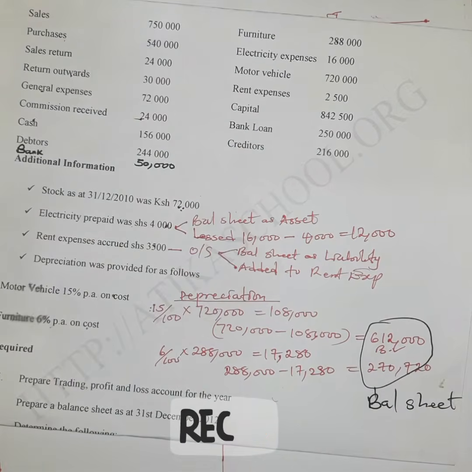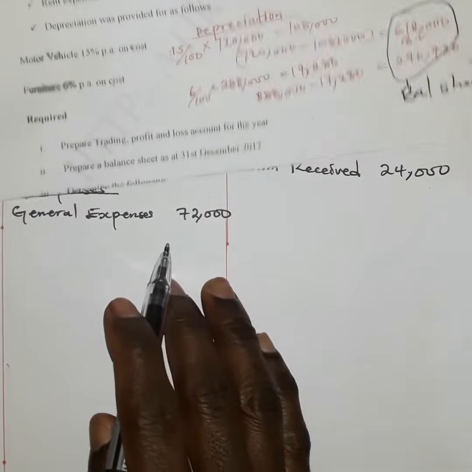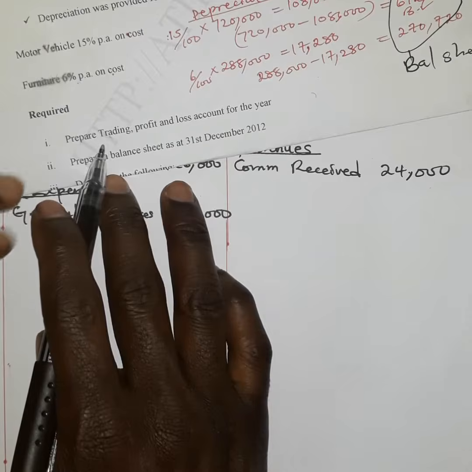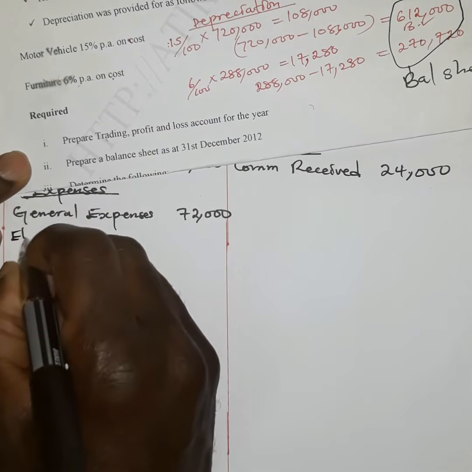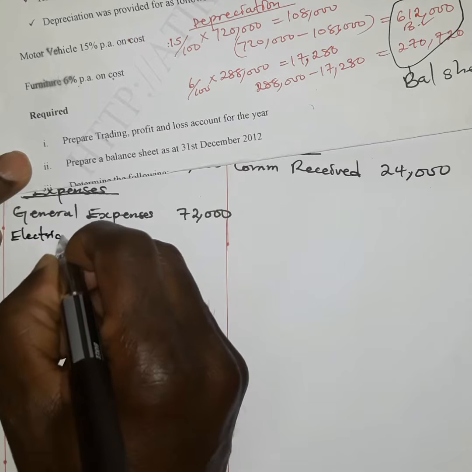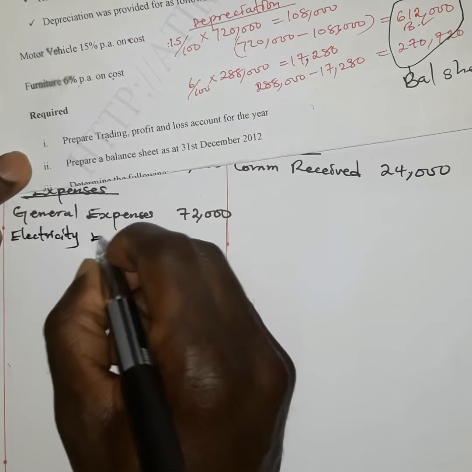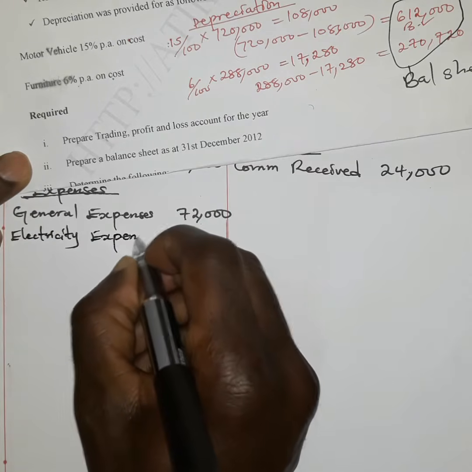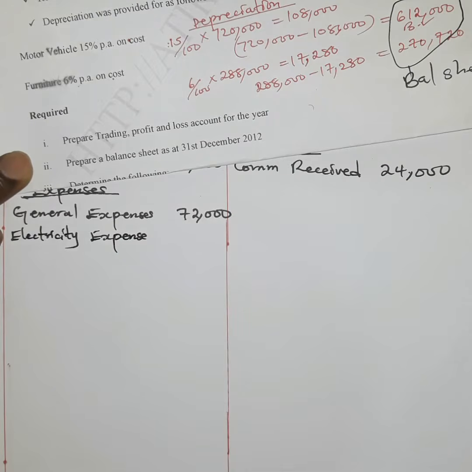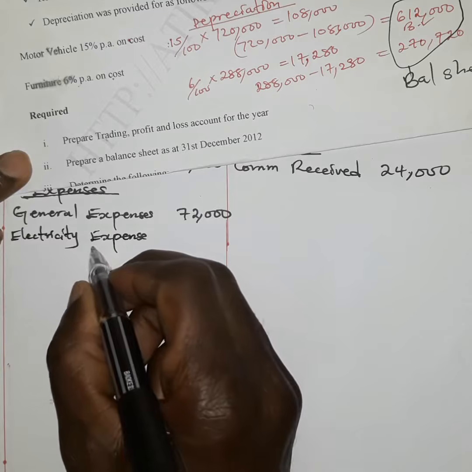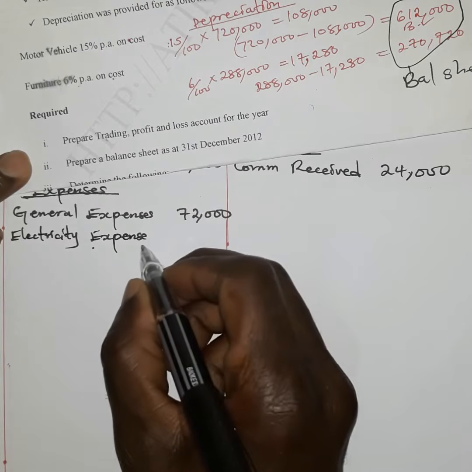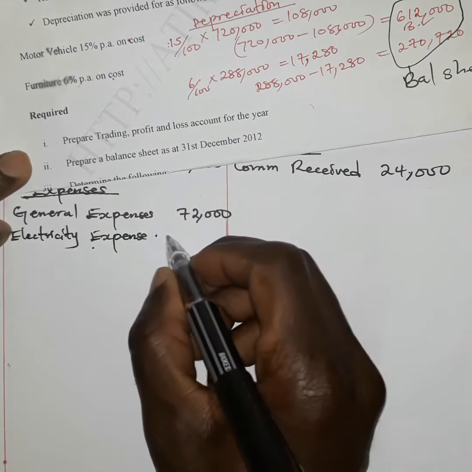So we have made our adjustments. Now, general expenses was that one. Then we talk about electricity expense. The amount is given as 16,000.